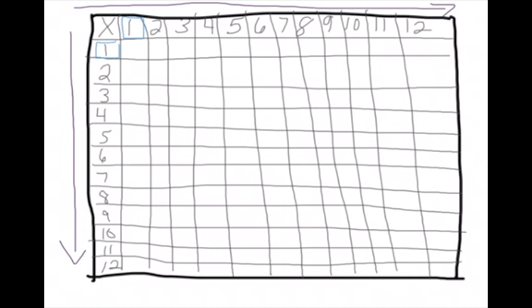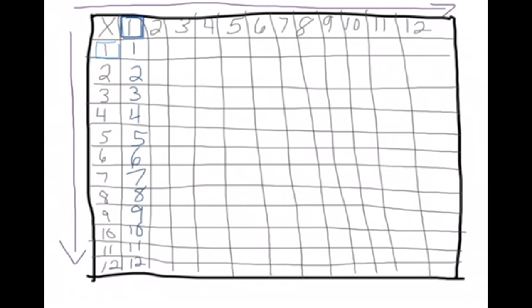So that means 1 times 1, which is 1, right? So since I'm going to go down and I'm going to notice that 1 at the top of our chart, these are all times 1 facts. So I'm going to just count by ones going down, because you know that anything times 1 is itself.